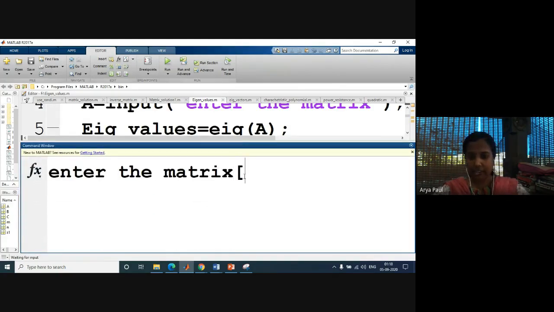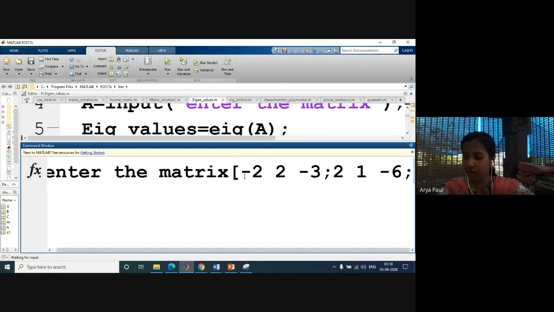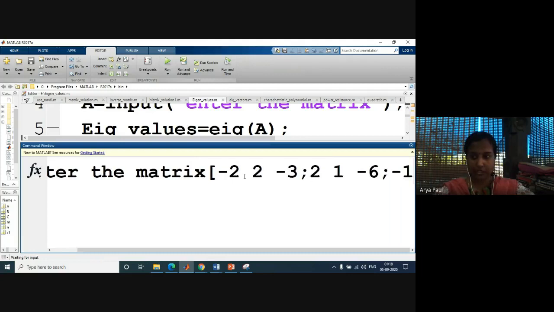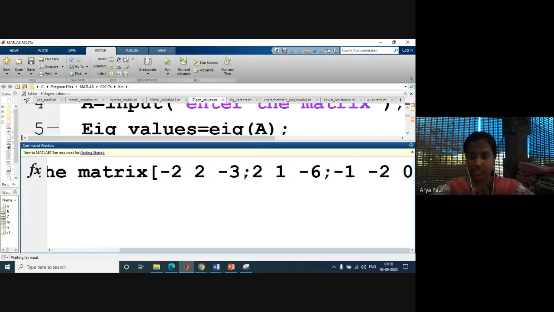Enter the first row: -2, 2, -3. Second row: 2, 1, -6. Third row: -1, -2, 0.